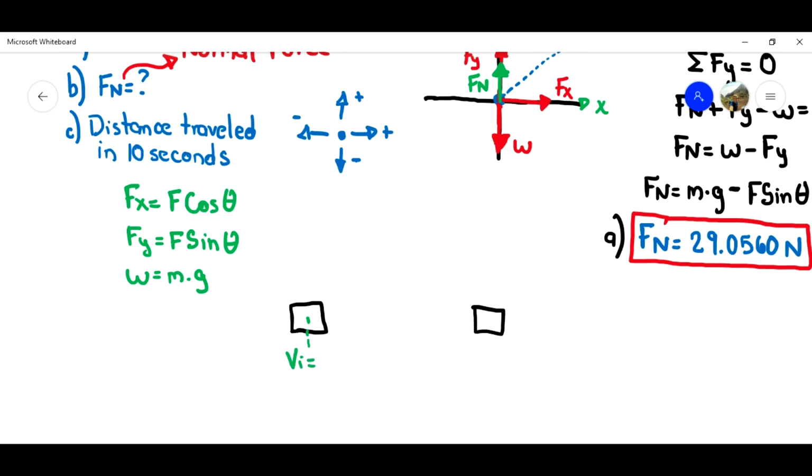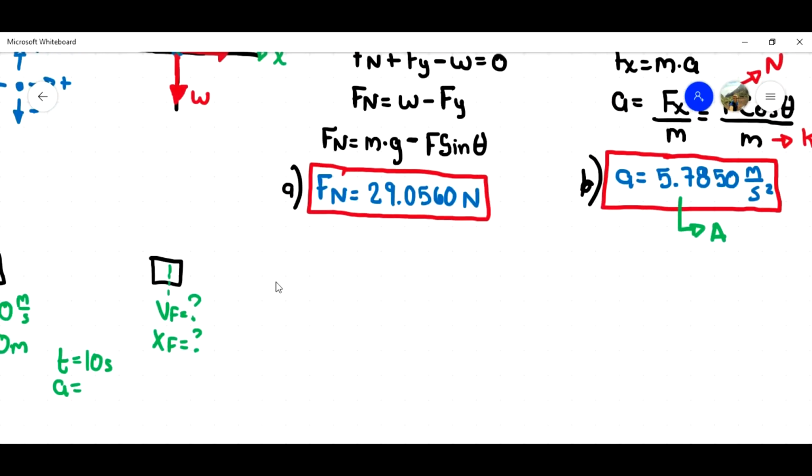The initial velocity in this case will be 0 meters per second because I'm going to start moving the object. The initial position is 0 meters. In this part over here, I got final velocity, which I don't know. I got the final position, which I don't know. The only thing that I know is the time, that is 10 seconds, and the acceleration.